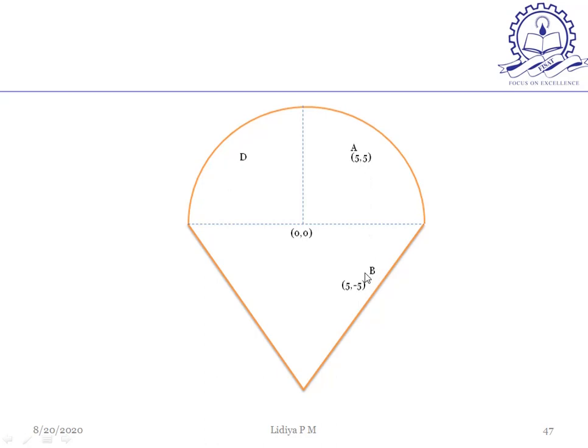B is 5, minus 5, which will be below this diameter. Then C is minus 5, 5 and D is minus 5, minus 5. Then E is 0, 0, that is the center point. This is given in the question. The next one, this is 20 kilometers.